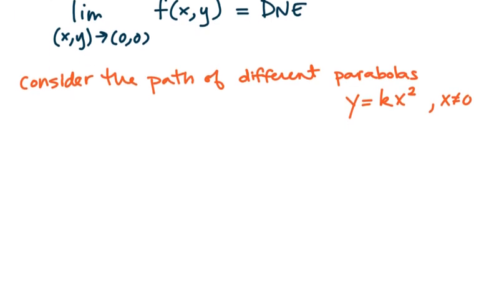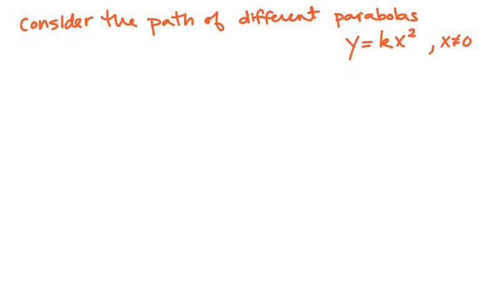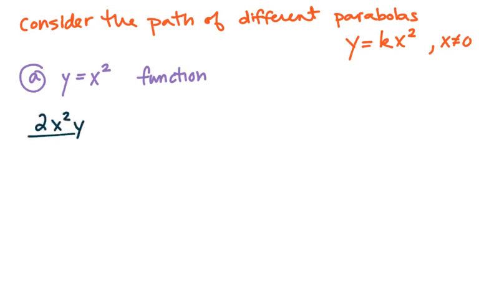So we have our function. The first thing we're going to consider, the path, would be y equals x squared. So I'll take my function that was given, and I'll rewrite it here just so we have it for now. We've got 2x squared y over x to the fourth plus y squared. If I let everywhere there's a y become an x squared, let's see what happens.